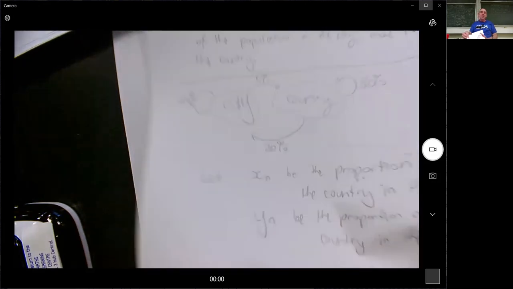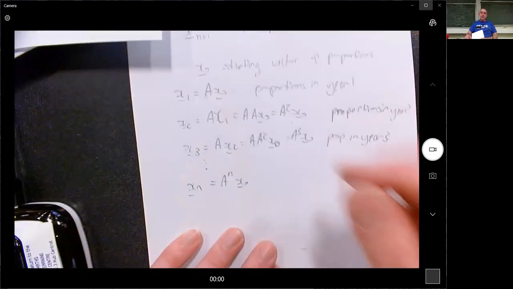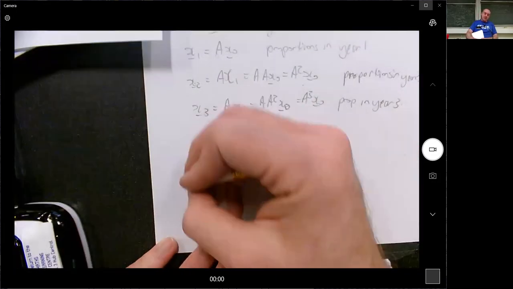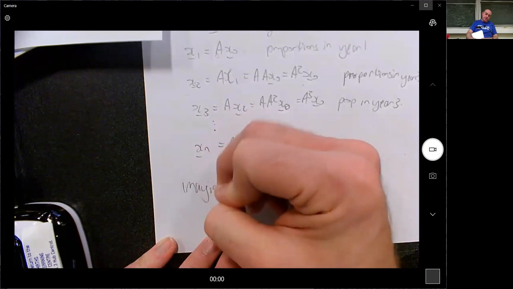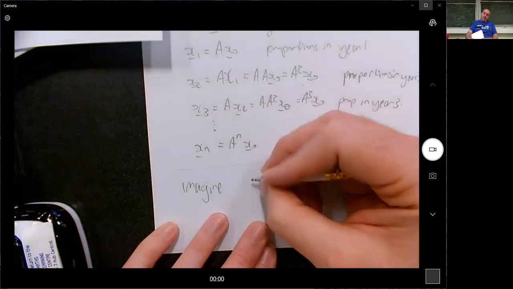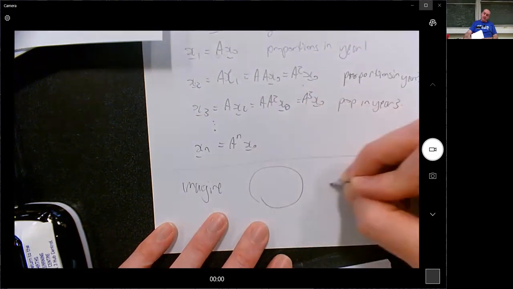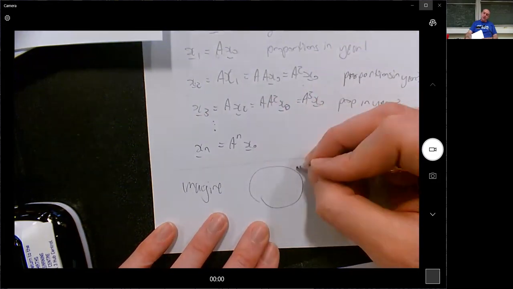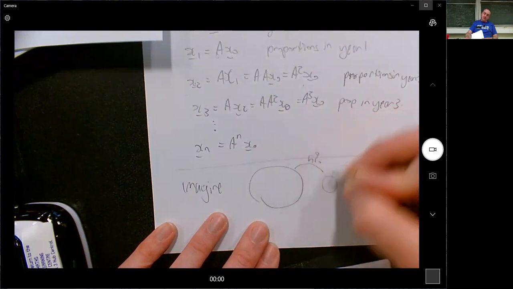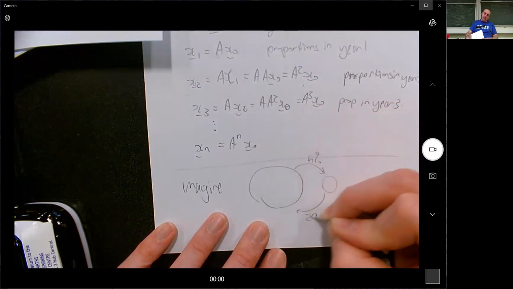And that would be a situation, so let's just imagine if you had a really big city and not very many people in the country, and 5% of this and 20% of this.